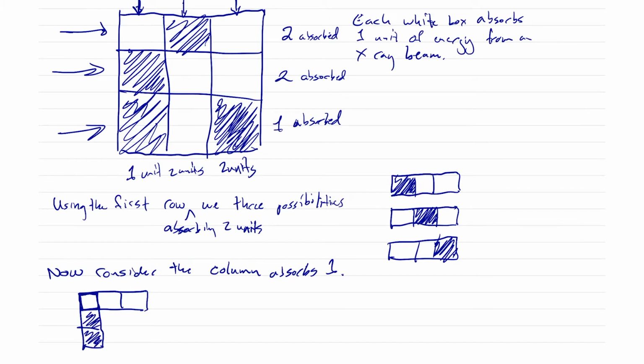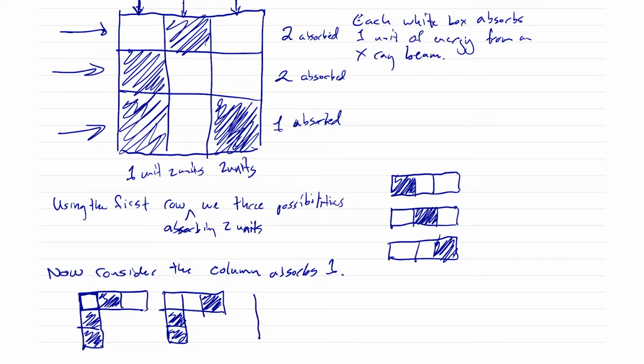But since we know that the first row absorbed 2, there are 2 possibilities. Either this one's blank, or the other one is blank, because there can only be 2 white blocks in that column. Sort of a Sudoku that we're working out here, right? So it could be this way. Okay, so that's one option.